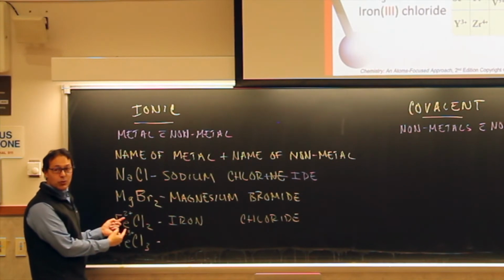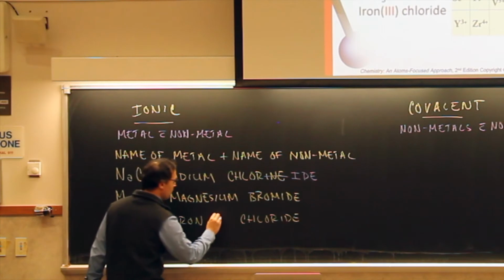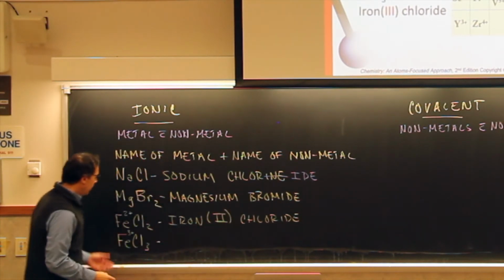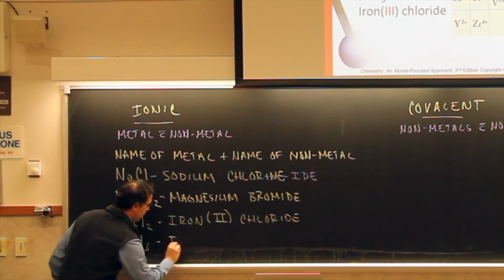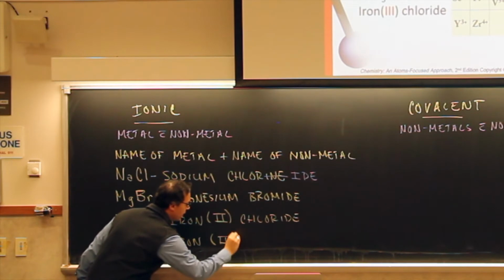Because remember, the Romans were the people that spoke Latin. And if we're not going to learn Latin, at least we can remember the numerals, right? So this becomes iron Roman numeral 2 chloride. And then this one here becomes iron Roman numeral 3 chloride.